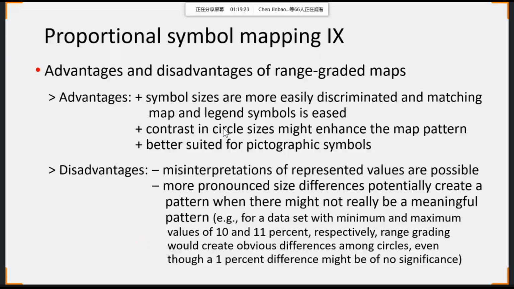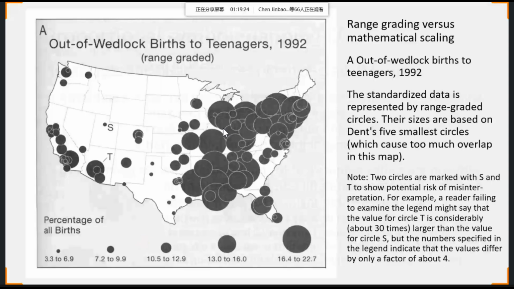So now we have again the example with the out-of-wedlock births to teenagers from 1992. Now it's range graded here. So range graded means you have these 5 classes here, and for each class you have a certain symbol size.